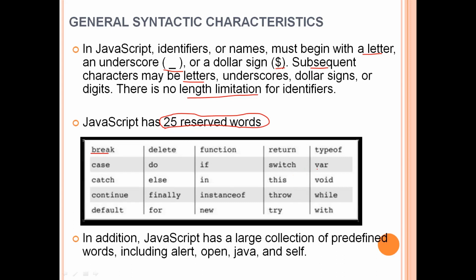Only a few of these keywords, like var, which is used to declare a variable, are new here. In addition to this, JavaScript has a large collection of predefined words, including words like alert, open, java, self. These are some words which are predefined in JavaScript.